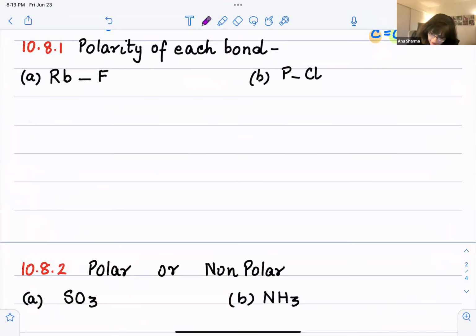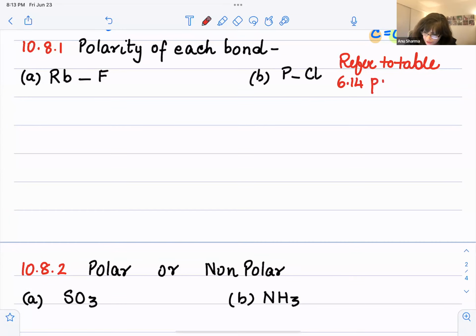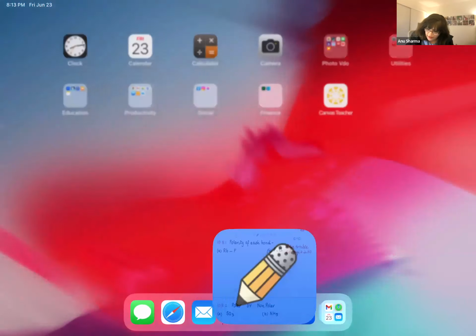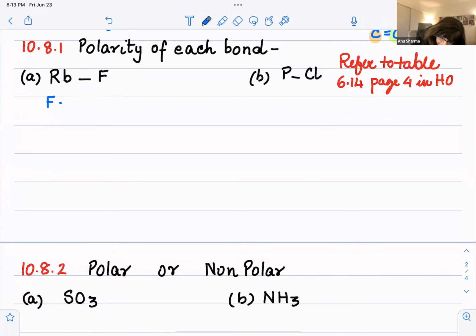Okay, so here let me write this down. Refer to table 6.14, page 4 in handout. All right, now Rb and F. Let's see if those values are given. Rubidium, 0.8, fluorine, 4.0. So for fluorine, 4.0, and rubidium is 0.8.